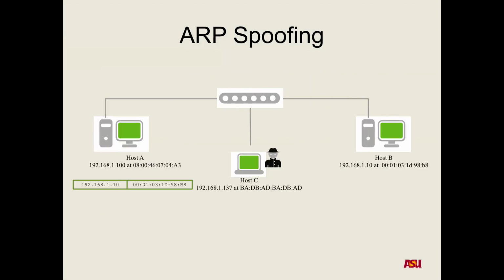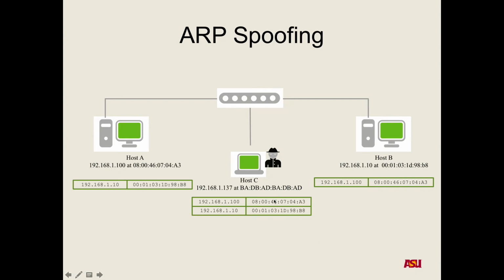So ARP spoofing. We have our host A, host B, and we are host C that we want to sniff. We have the ARP tables here of each of the hosts. Host A and host B know about each other and their ARP tables are complete. Host C also knows from observing traffic what the actual ARP tables are.